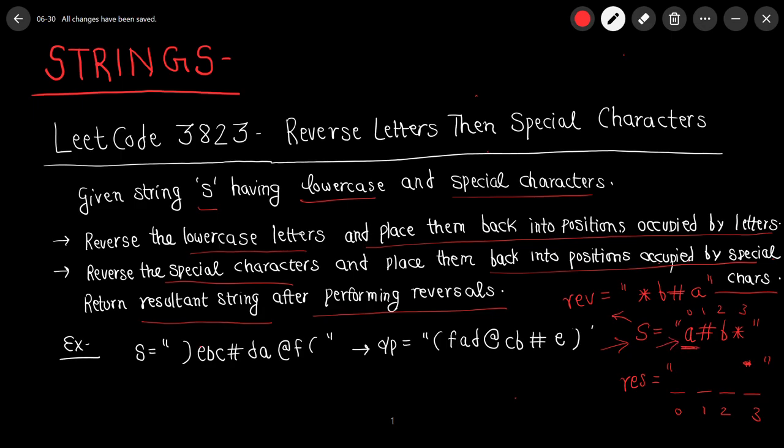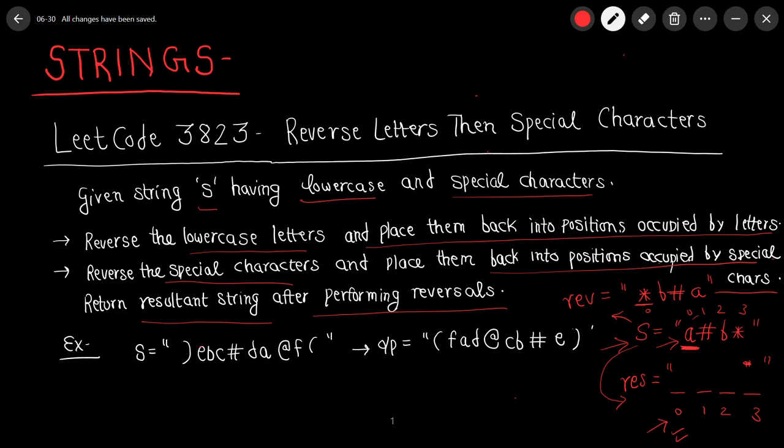So whatever is the nature of the character in a particular index, that same nature would be in the result also. Which means here at 0th index we have a lowercase letter, so in the result also at 0th index we would have a lowercase letter only. But this is not the case in a normal reverse.